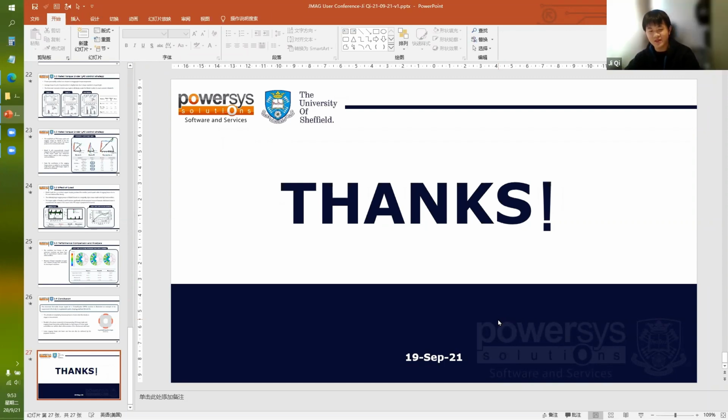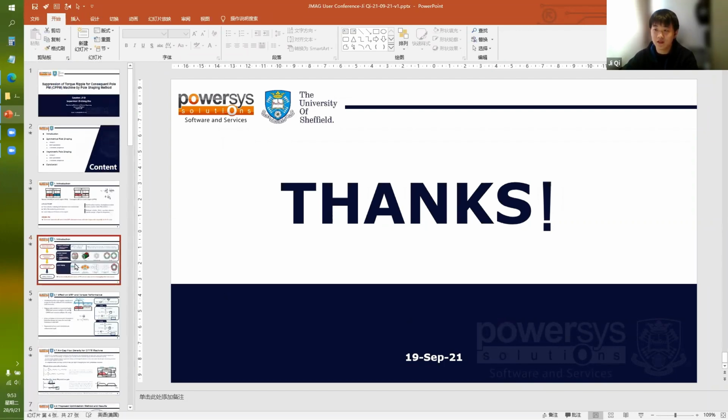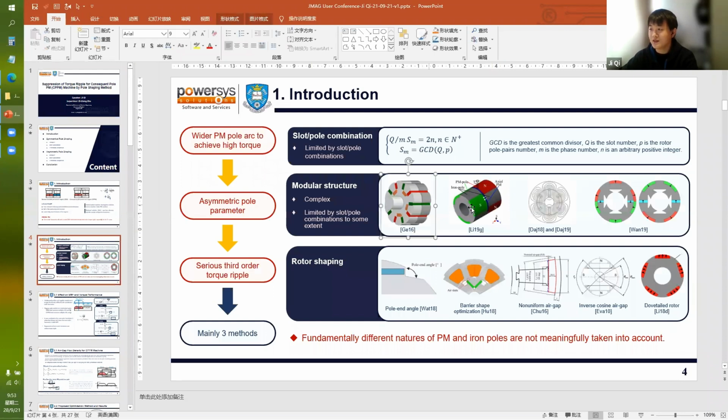Yes, this is a very good question. Actually, consequent pole machines all have the problem of shaft flux leakage. To reduce this problem, in the modular structure, they try to use the same amount of north and south pole magnets, so they can reduce the flux leakage.